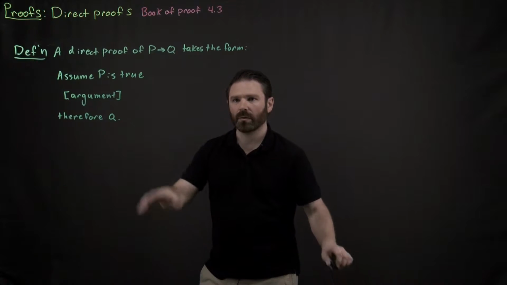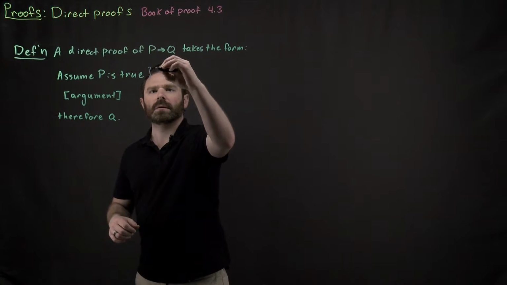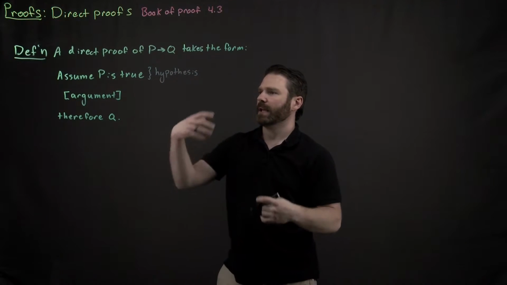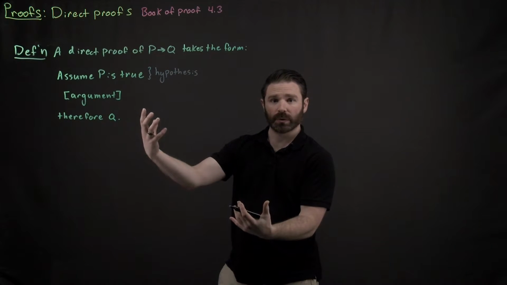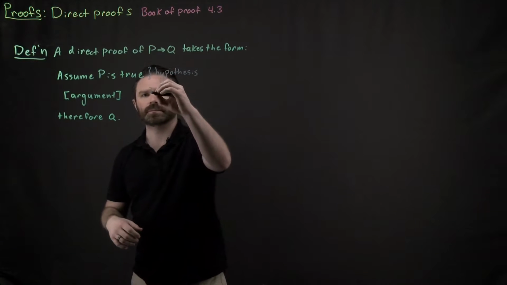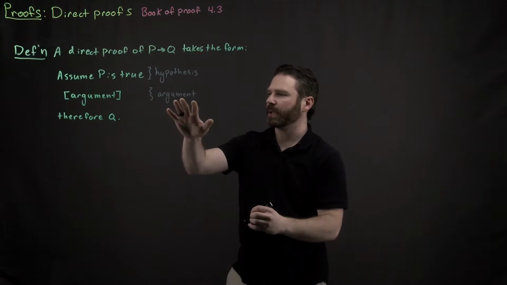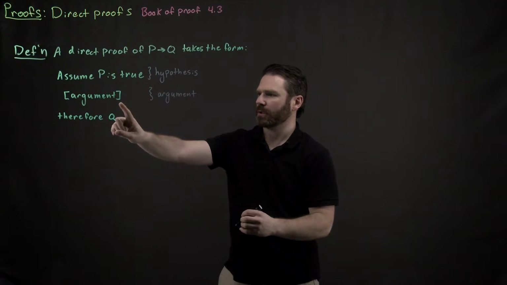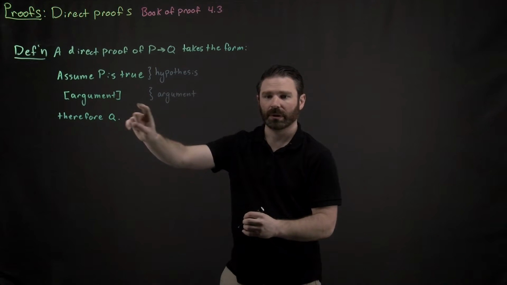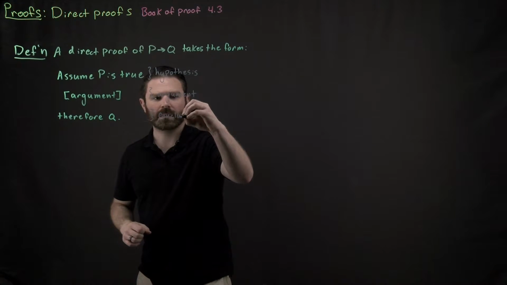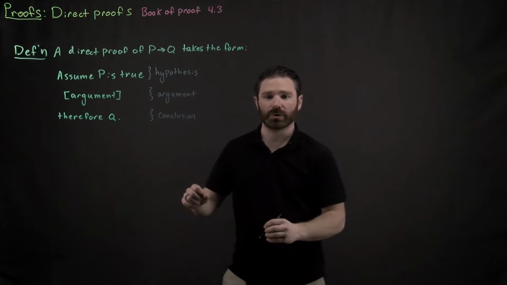So right here we have a hypothesis. You assume that P is true. We have our argument showing that Q is true, and that allows us to claim our conclusion.